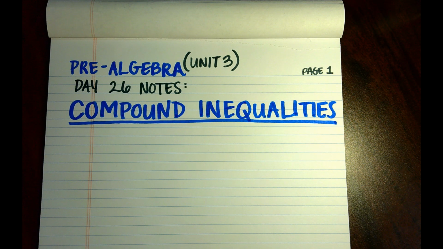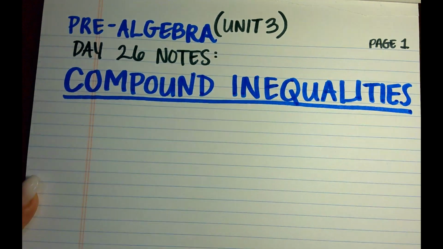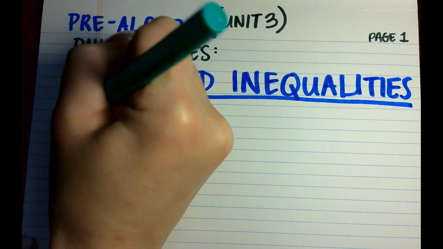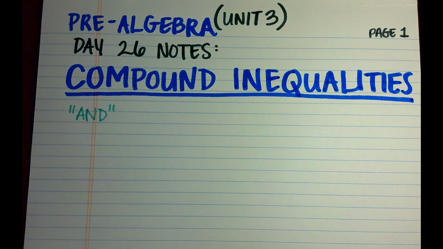So a compound inequality is, instead of having one answer for x, we have two answers for x, and they go on the same graph. Let me show you how that works. There are two types of compound inequalities, and we're going to call the first type an and inequality.